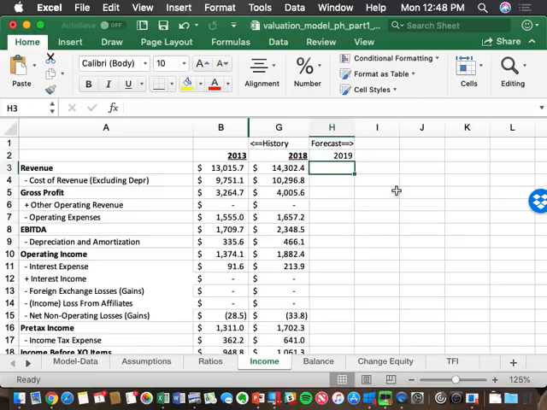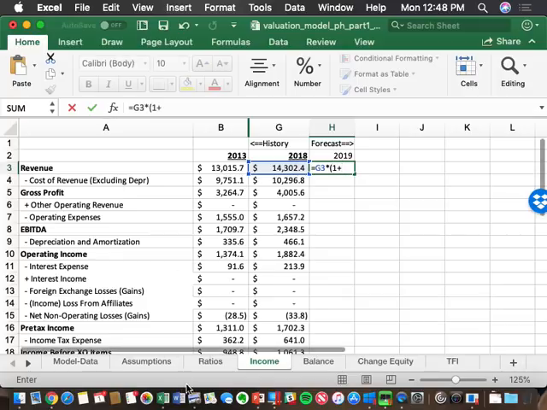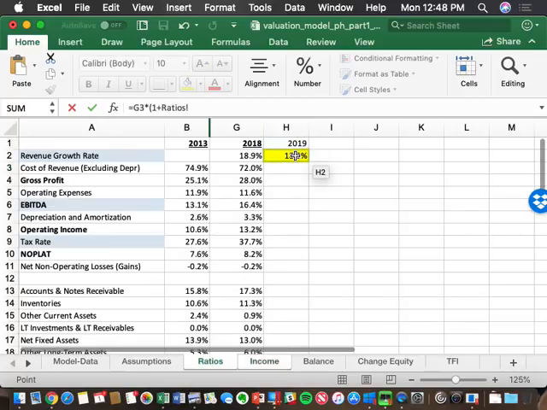So for H2 is G2 plus 1 for revenue. And here's how we're going to do it. For H3, we're going to take G3, which is 2018's revenue, and we're going to multiply it by left paren 1 plus, from the ratios, the growth rate in 2019, so H2, right paren.